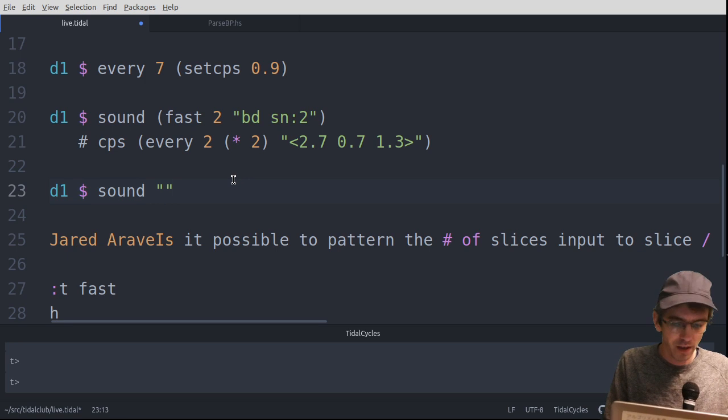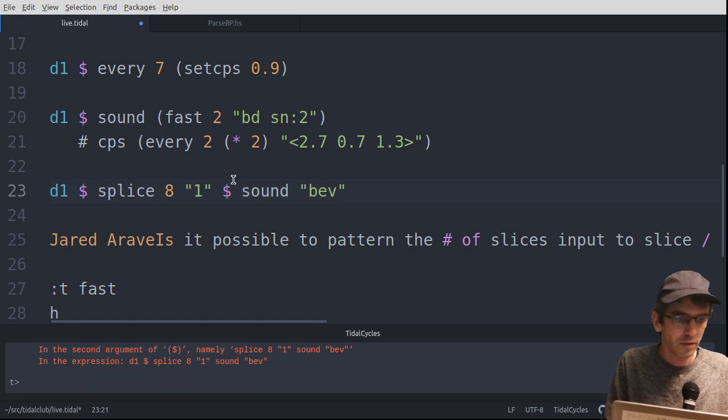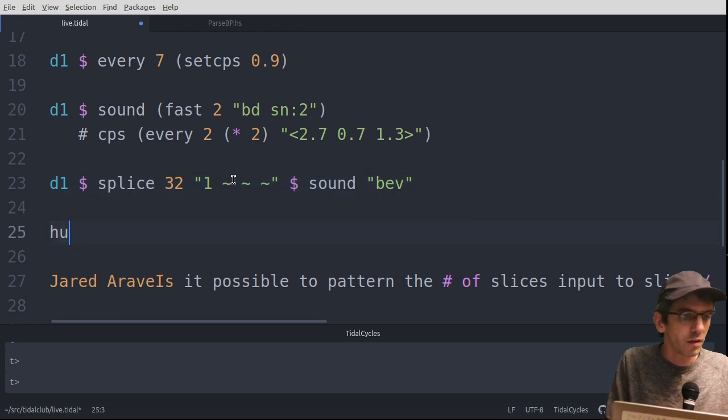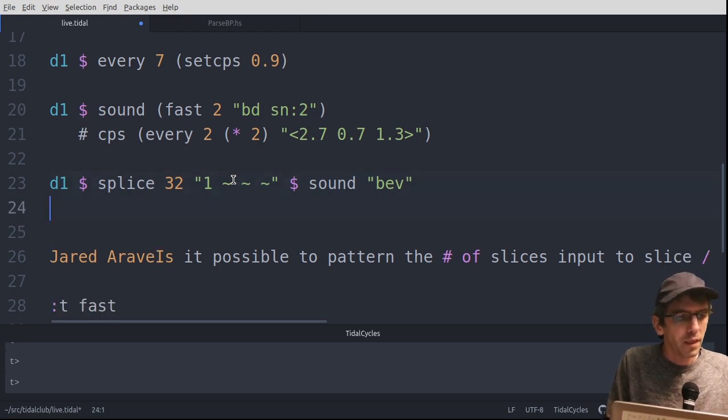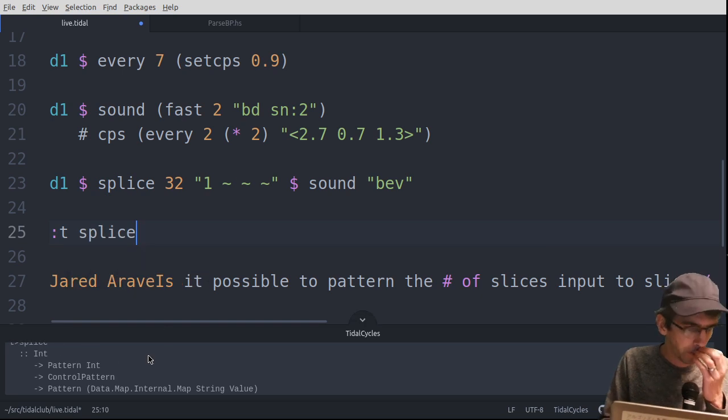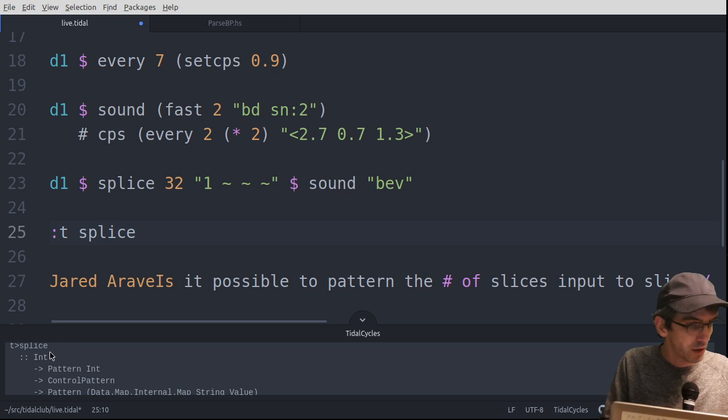So if I had, I'm going to use Beverly Craven splice 8. Can you pattern the first thing? No, you can't. It's true.